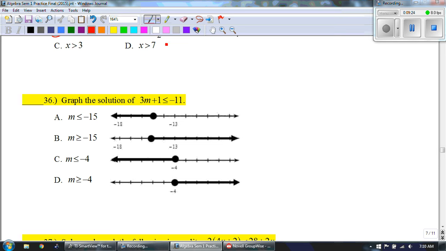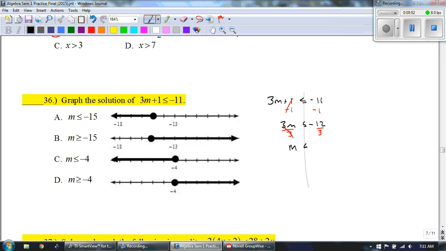Okay, graph the solution of 3m plus 1 is less than or equal to negative 11. All we're doing is SAD MAP, so I'm subtracting 1 from both sides. 3m is less than or equal to negative 12. And when I'm dividing right here, I am not dividing by a negative.